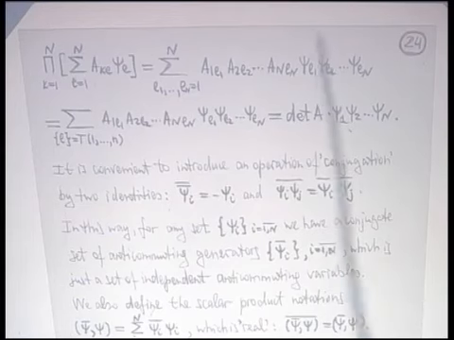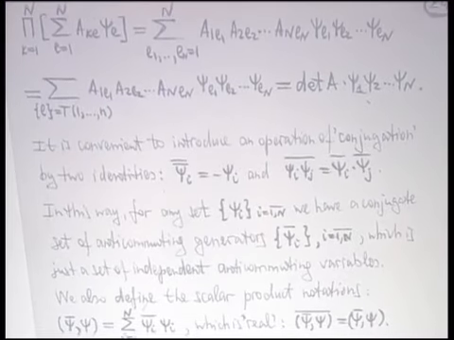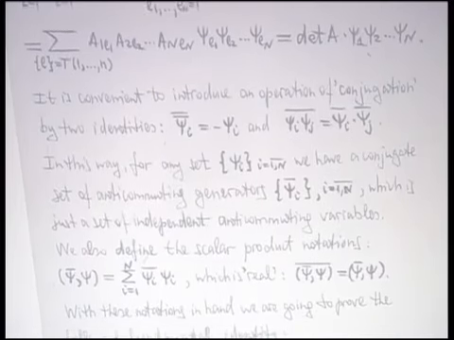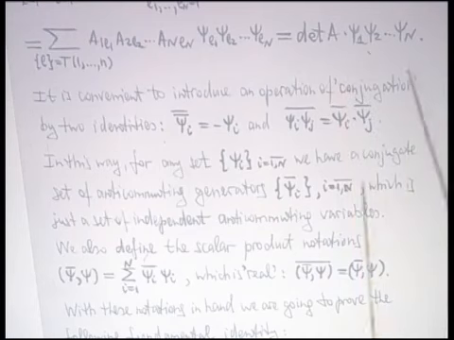Now, just to introduce some useful notation, I will introduce also an operation which one can look at as, in some sense, an analog of complex conjugation, but in another sense it's not. It's just an operation which I call conjugation. And I introduce it by two identities.